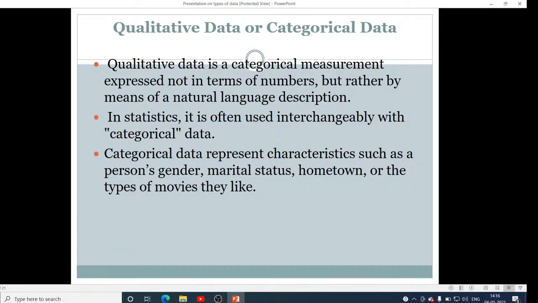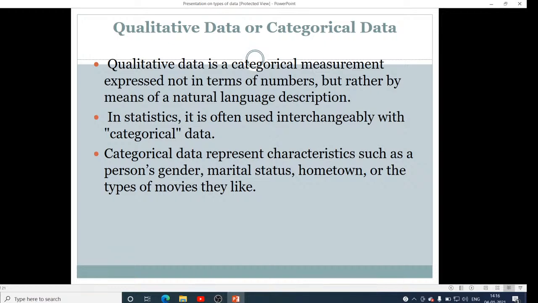We can give ranks and we can count, but we cannot measure qualitative data. Qualitative data is a categorical measurement expressed not in terms of numbers but rather by means of natural language description.